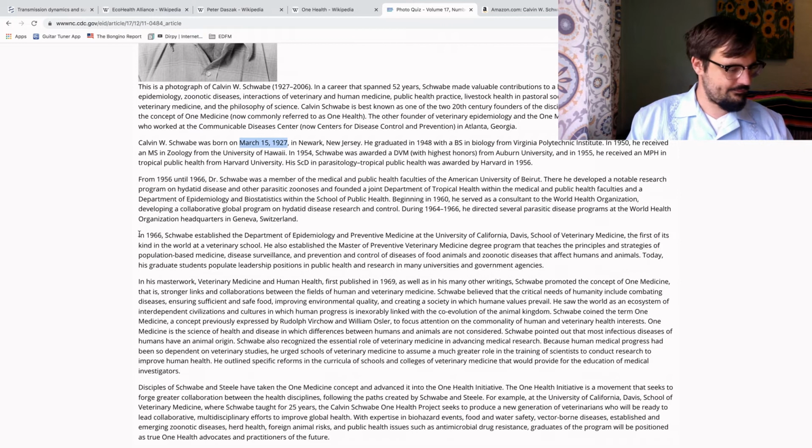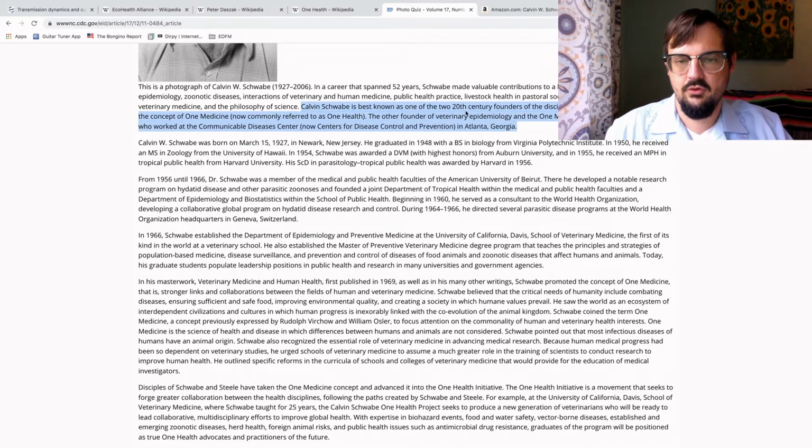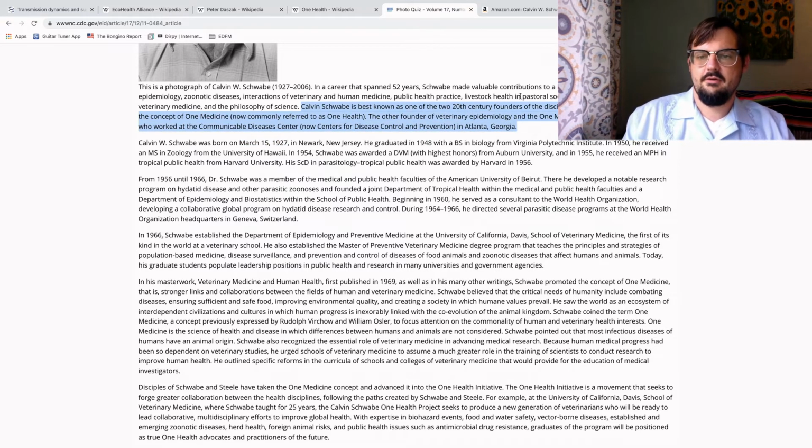and so his takeaway message: Calvin Schwab is best known as one of the two 20th century founders of the discipline of veterinary epidemiology, and the concept of One Medicine, now commonly referred to as One Health.